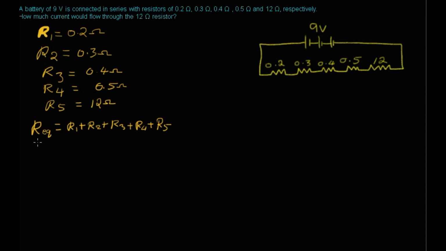On substituting the values of each resistor, the effective resistance will be 0.2 plus 0.3 ohm plus 0.4 ohm plus 0.5 ohm and the last 12 ohm. When we add all this together, the total resistance will come to 13.4 ohm.